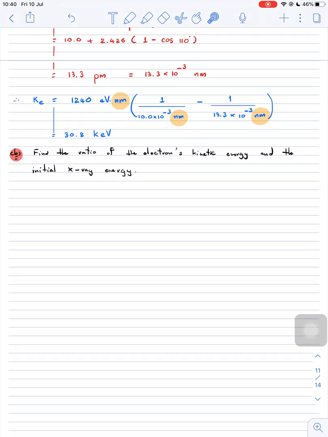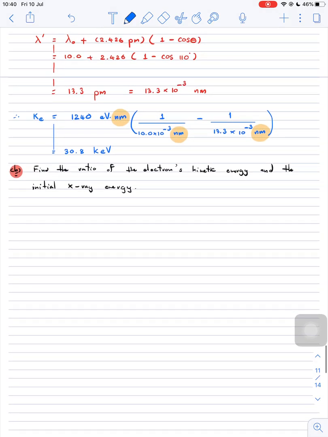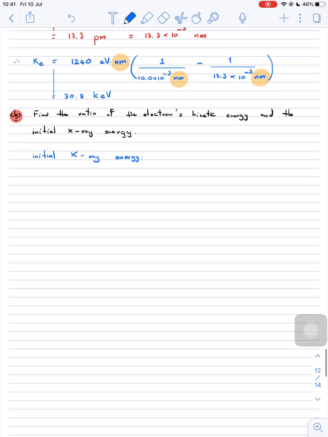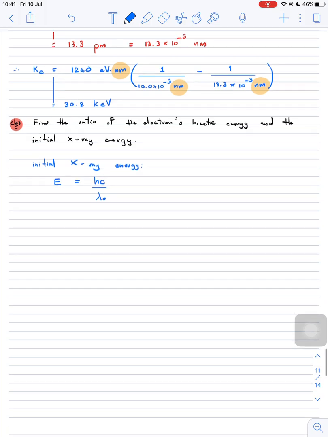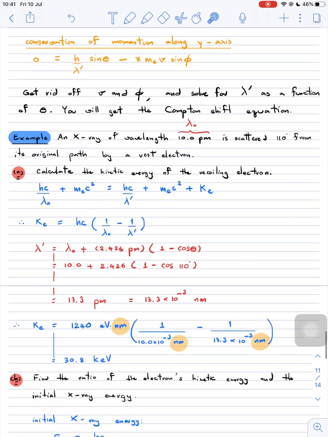Let's start from here. The initial X-ray energy E equals hc over lambda naught, because we know lambda naught equals 10 picometer.